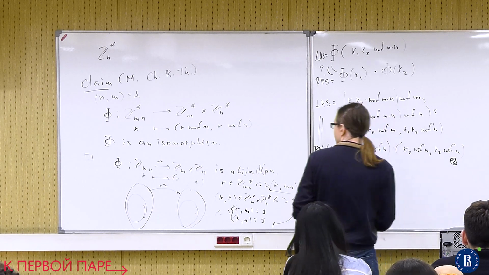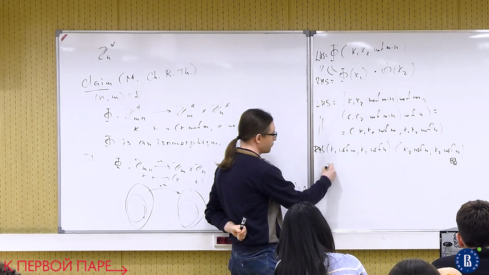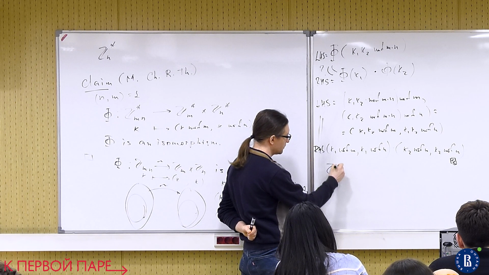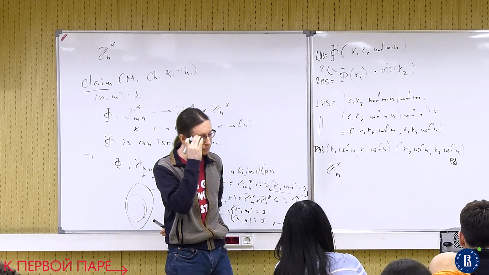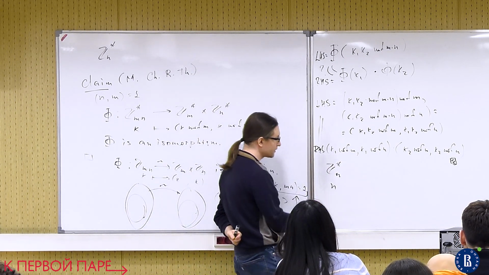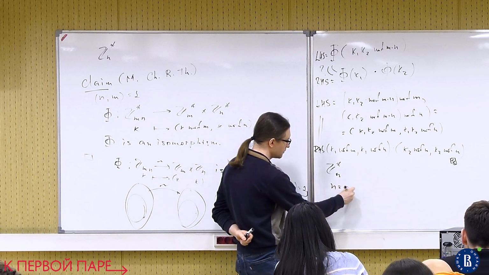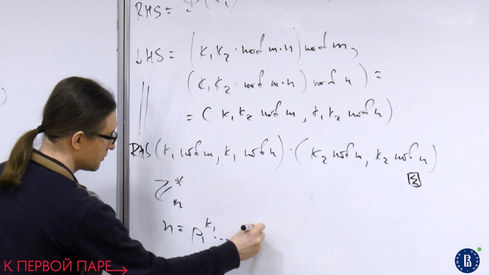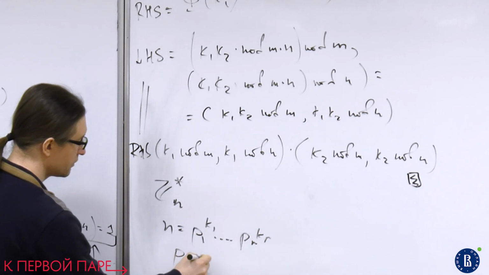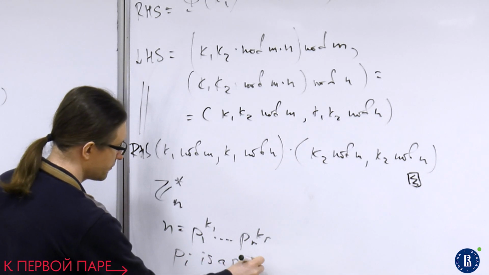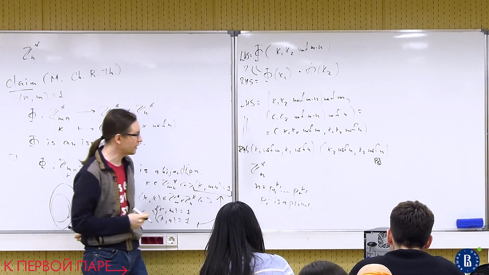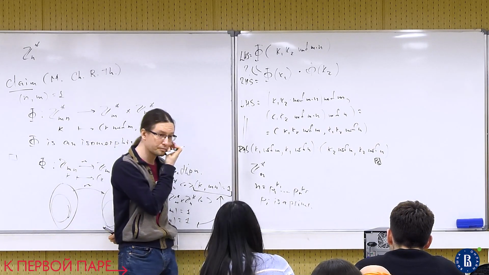So now, if we're given, let's say, Zn star, what we could do, we could factor the integer n into the product of primes, where pi is a prime, and k1, ..., kr are positive integers.